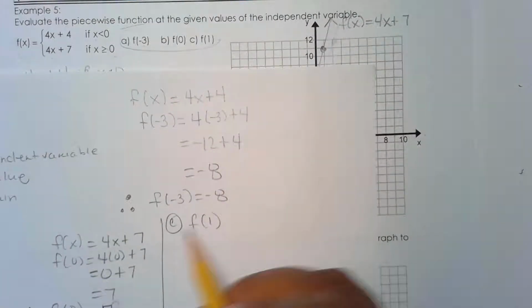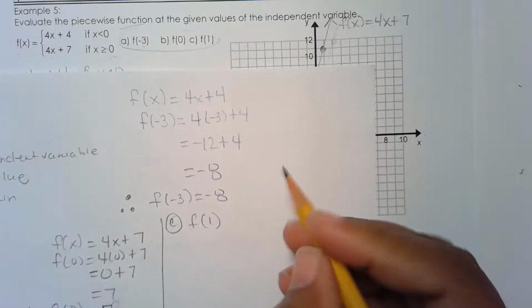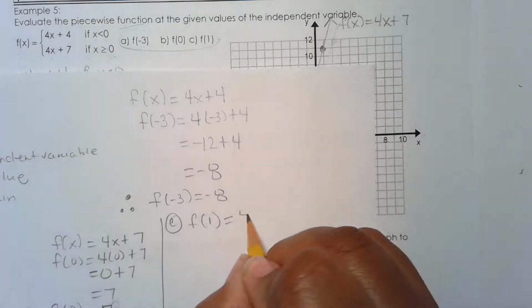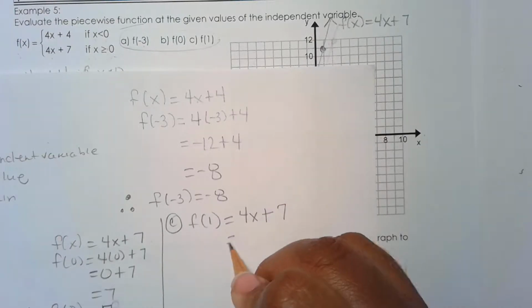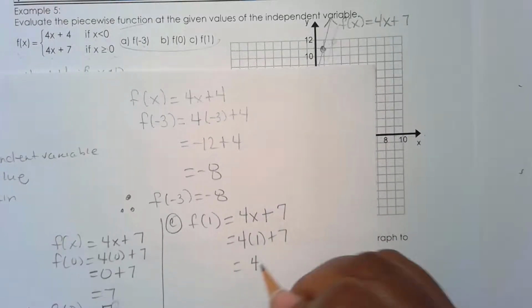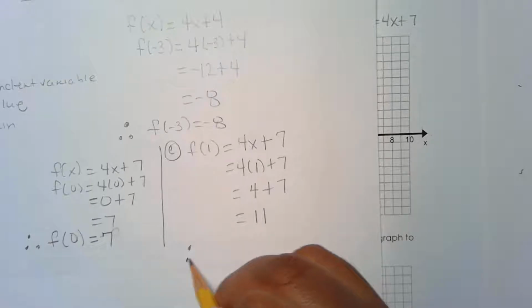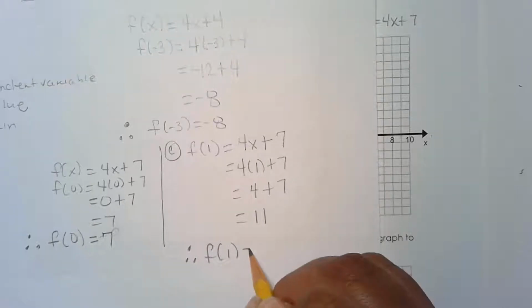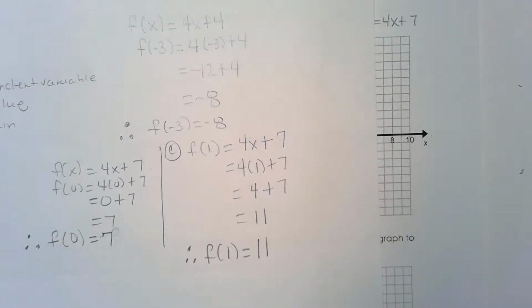So we're going to use that second equation again, and we're going to plug 1 in for x. And we have 4 plus 7, which gives us 11. Therefore, f of 1 equals 11. There you go.